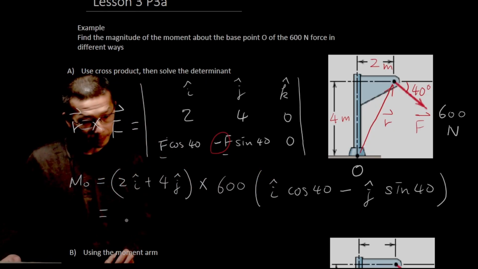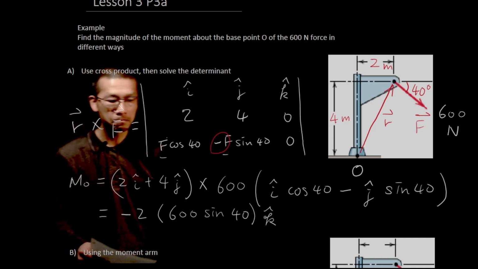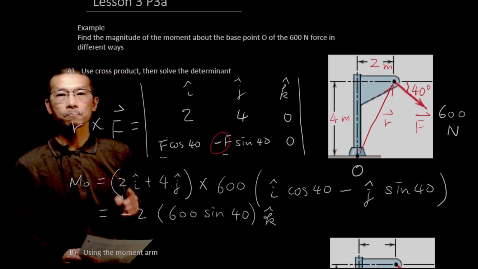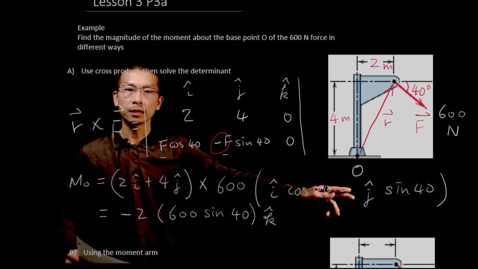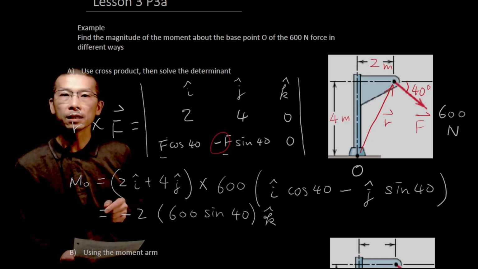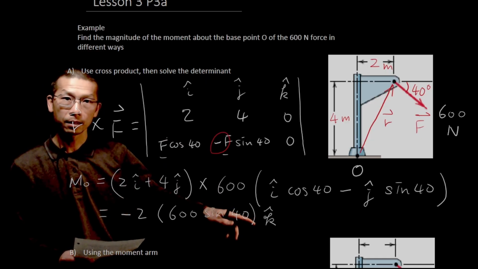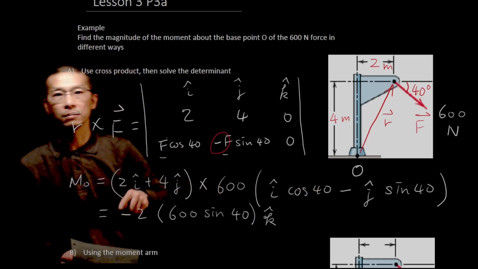So we can write minus 2 times 600 sine 40 K. Why is it minus? 2 times 600 times minus J. So I cross minus J is minus K. Remember, I cross J is K, but now you have this minus, so negative here.